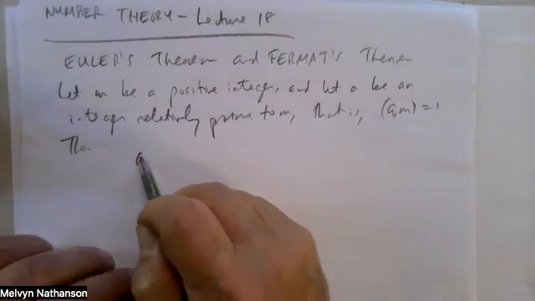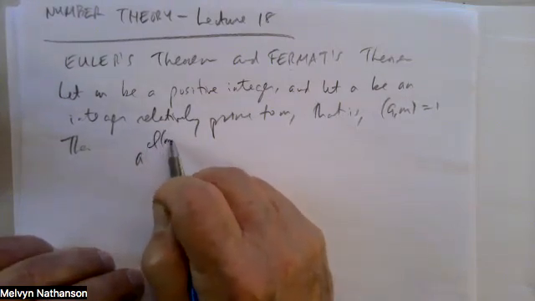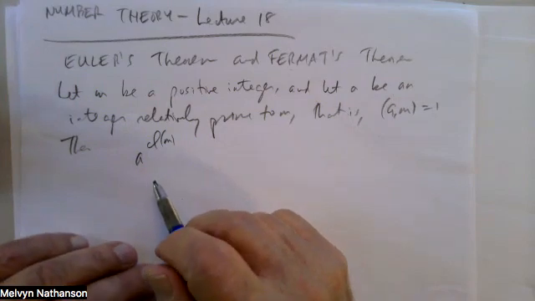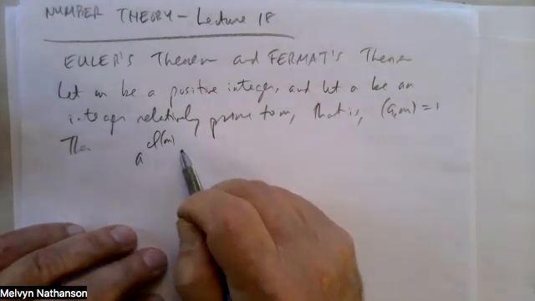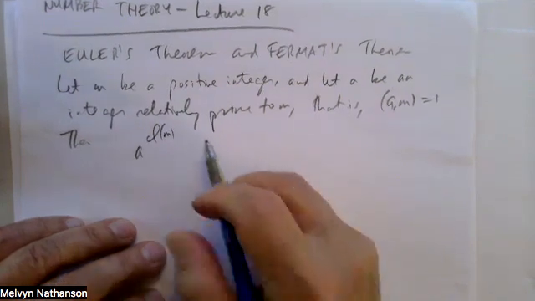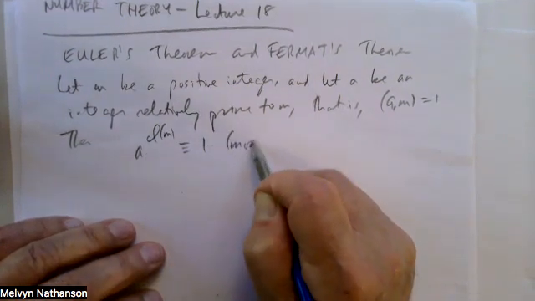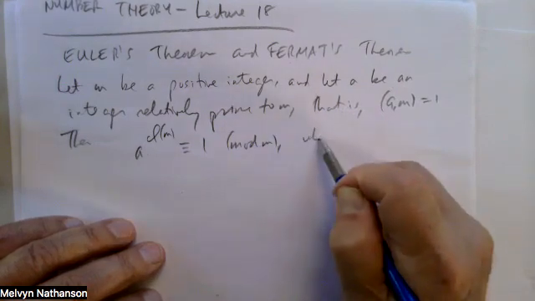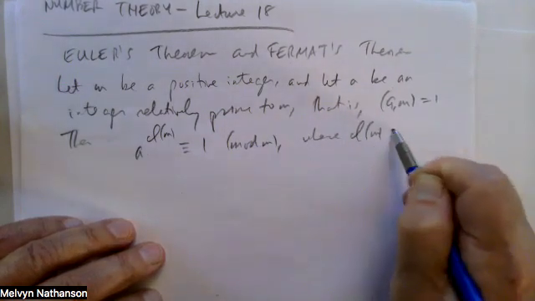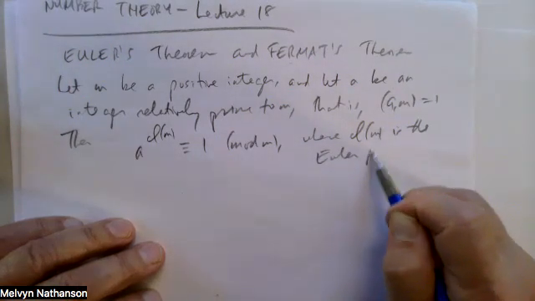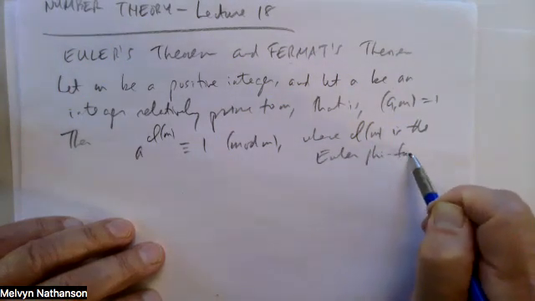Then, if you take A and raise to the power phi of M and subtract 1, you get a number divisible by M, or in the language of congruences, A to the power phi of M is congruent to 1 mod M, where phi of M, of course, is the Euler phi function.